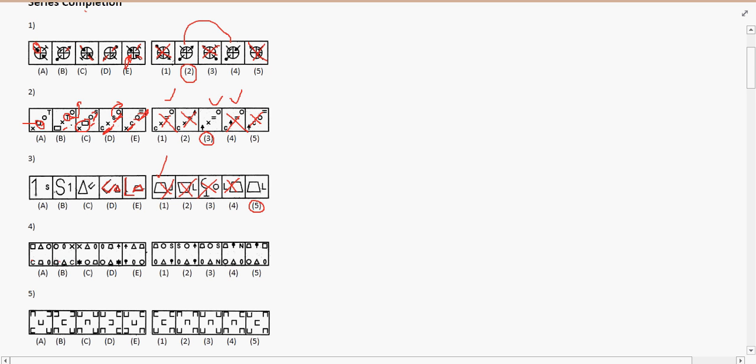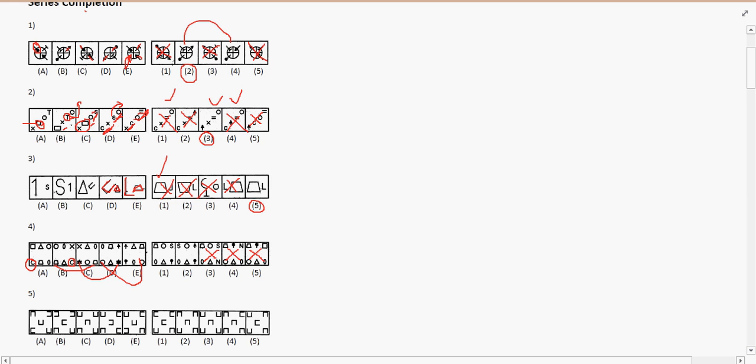Now C was here, now C became on this place. Now this was here, this goes to this place. Star was here, star goes to this place. Circle was here, circle goes to this place. Now this arrow was there, so it goes to this place. So this might be right, this might be right. Last 3 are wrong. So just by observing one thing, we have eliminated 3 wrong answer choices.